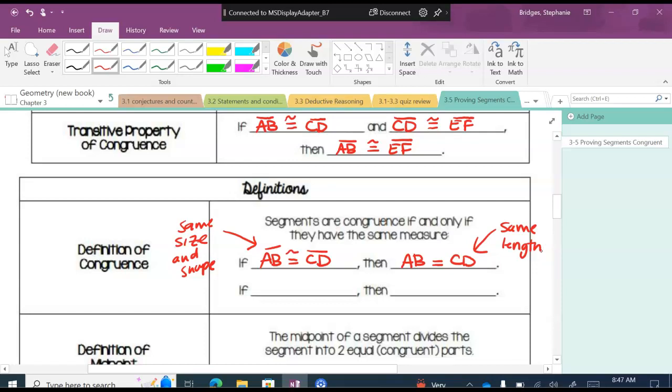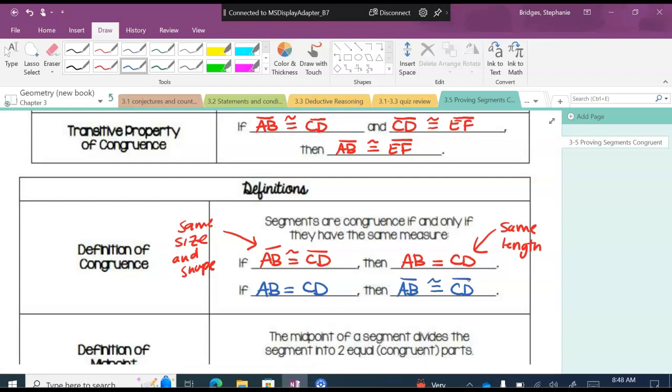It can also go the opposite direction. If I were to tell you that the length of segment AB is equal to the length of segment CD, then using the definition of congruence, you could say that segment AB is congruent to segment CD. So you can switch those around. Do you guys remember what it's called if I take my hypothesis and conclusion and switch them?